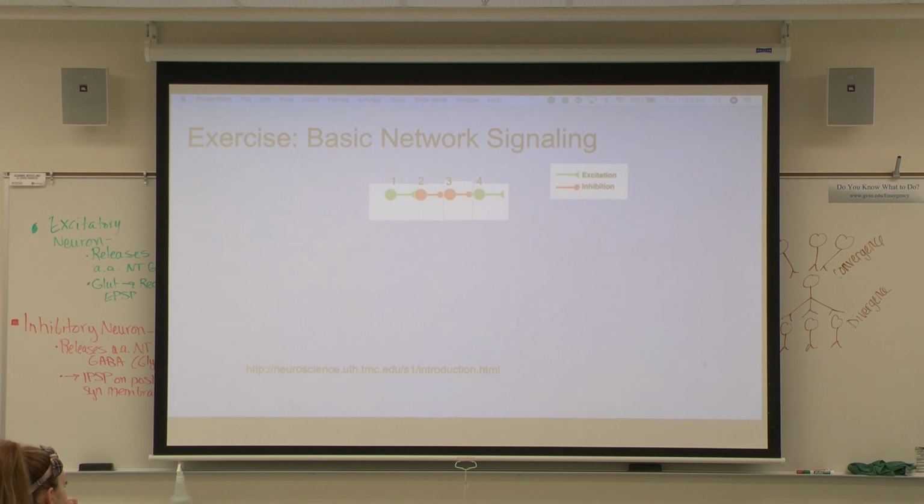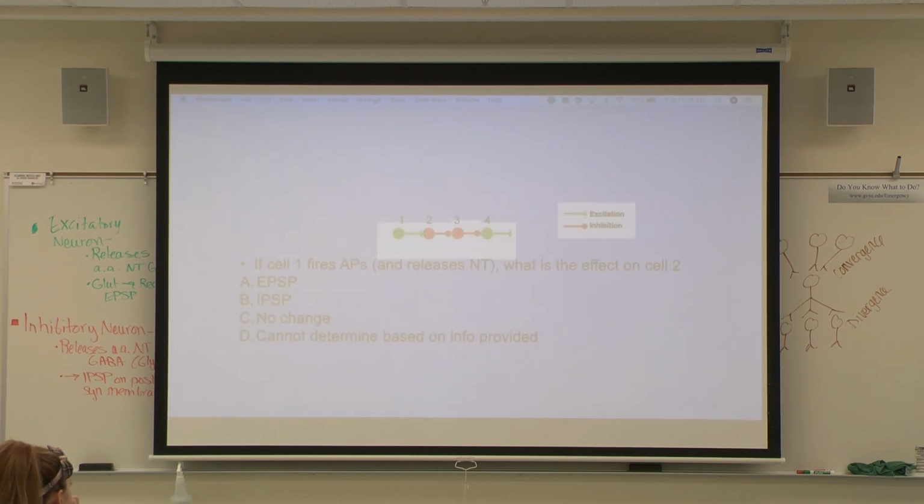Cell 3 is also inhibitory and releases GABA if it fires an action potential. And cell 4 is excitatory, and if it fires an action potential, it would release glutamate. Okay. So here's the question that we're ultimately going to ask. If cell 1 fires action potentials and releases neurotransmitter, what is the final effect on cell 4? Okay? And to answer that question, we're going to take it one step at a time.